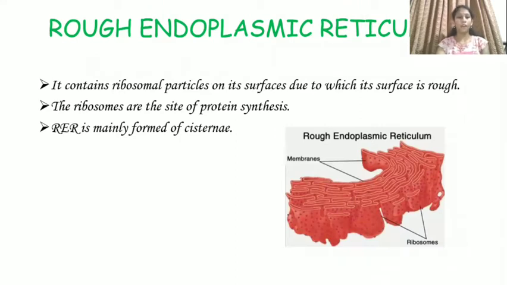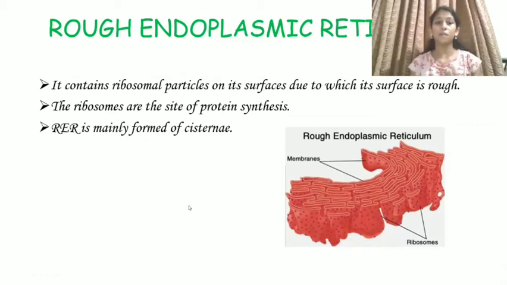Now we are going to study the rough endoplasmic reticulum. Why is the endoplasmic reticulum rough here? Because it contains ribosomal particles on its surface, due to which its surface is rough. You can see the picture here. On its surface there are small dots.